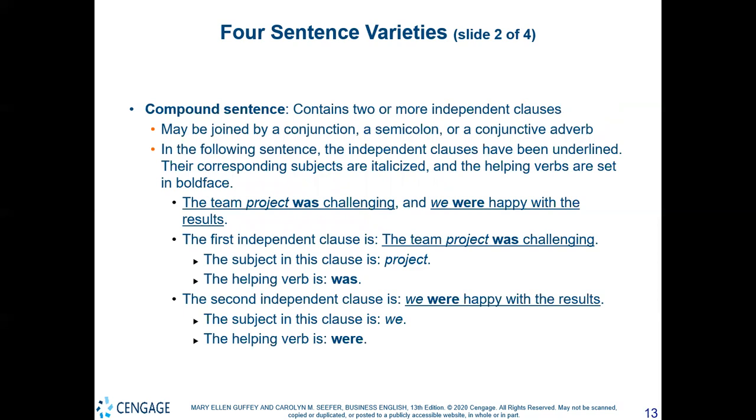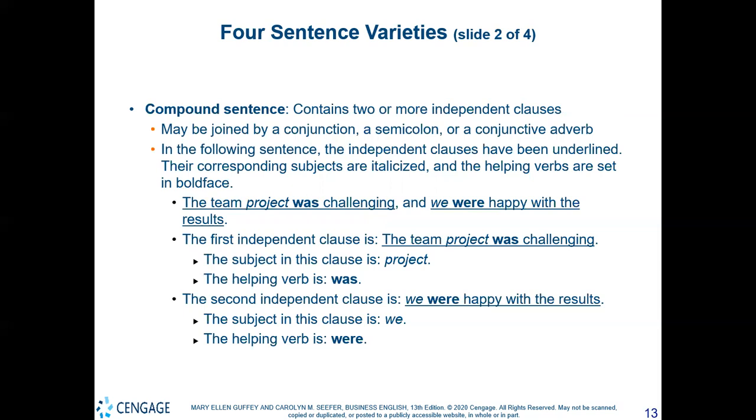Four sentence varieties. A compound sentence contains two or more independent clauses, and may be joined by a conjunction, a semicolon, or a conjunctive adverb. In the following sentence, the independent clauses have been underlined. Their corresponding subjects are italicized, and their helping verbs are set in boldface.